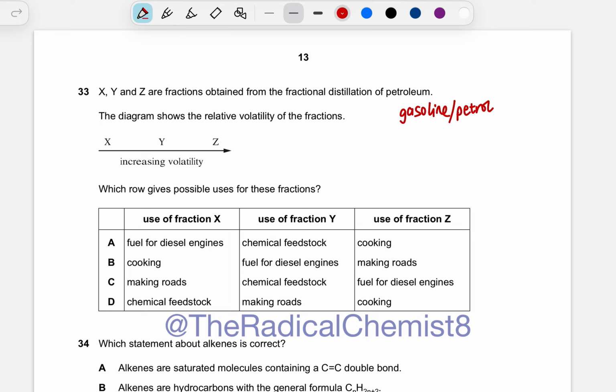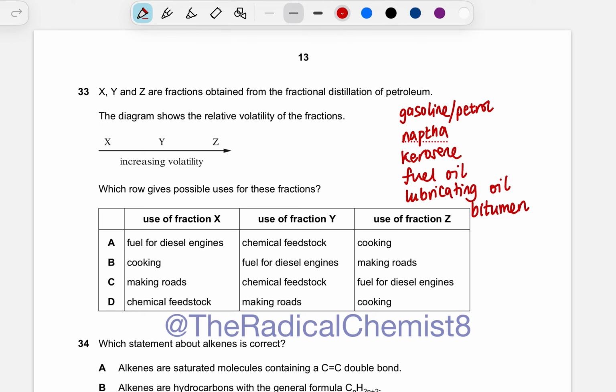near the top, then you have naphtha, kerosene, fuel oil, lubricating oil, and bitumen at the bottom.